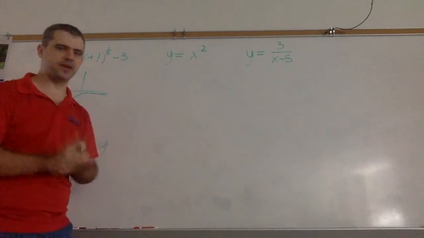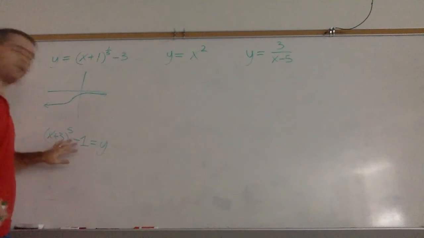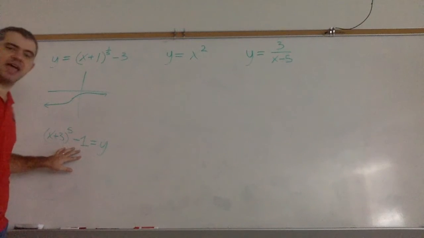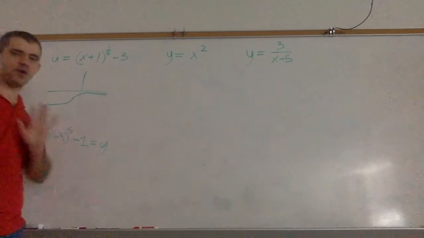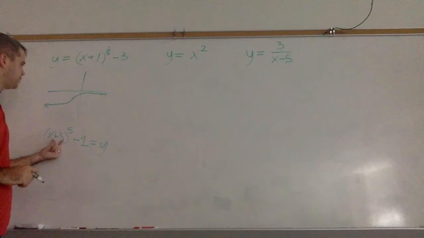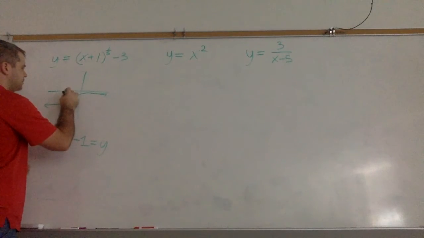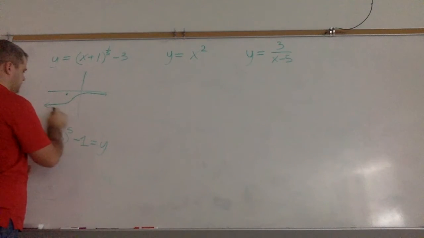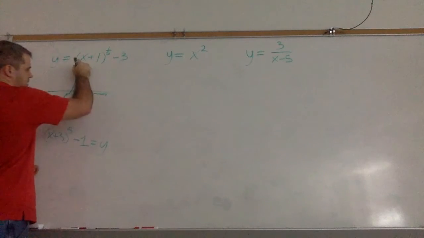Not my best work, but there you go. Now this should be a fifth power equation. It should look kind of like a cubic, except it's been moved left 3, down 1. So it should look kind of like this.